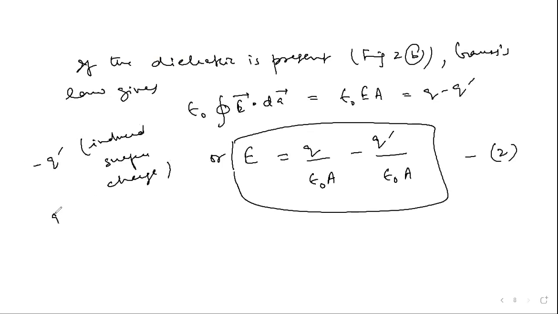And Q is the free charge on the plates. So you need to distinguish these two charges. Charge on the plates Q is called free charge, and the induced surface charge is sometimes called bound charge, right?